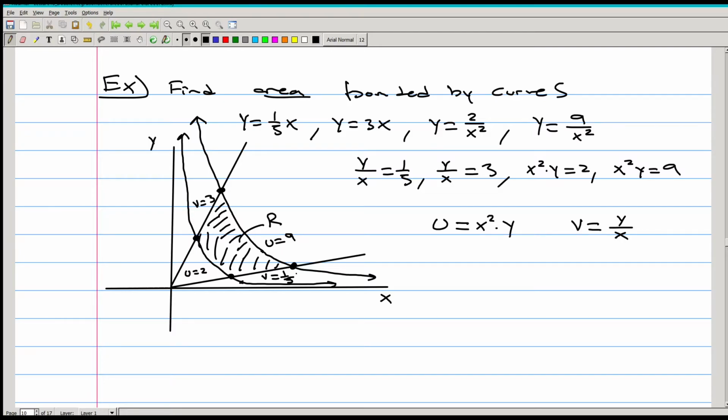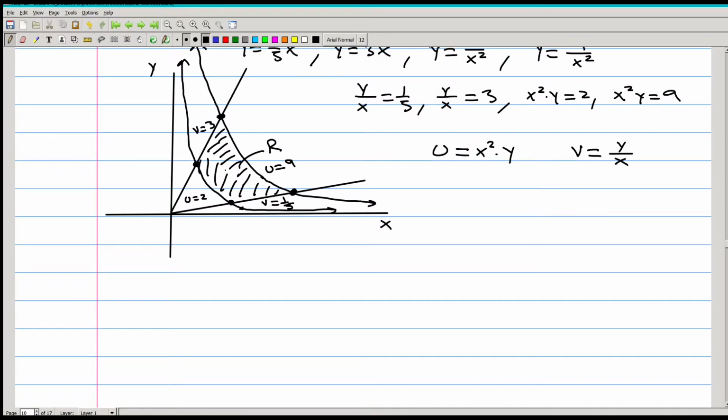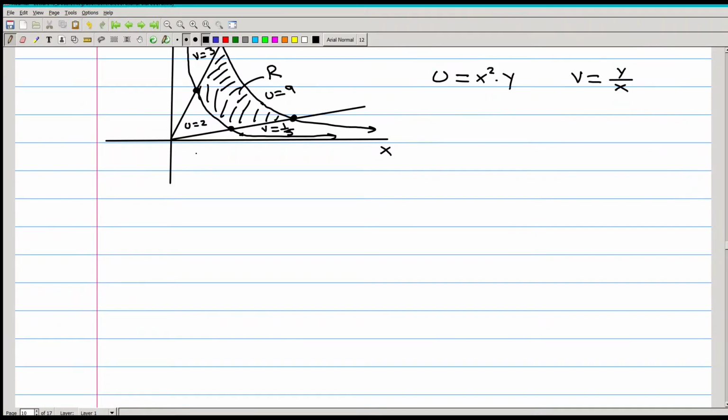And so if you were to visualize this in UV space, this region is just a rectangle, and the integral of a rectangle is always going to be easier to evaluate. The catch here is that we need to find the Jacobian matrix of this transformation.